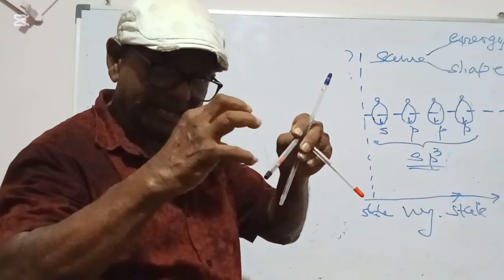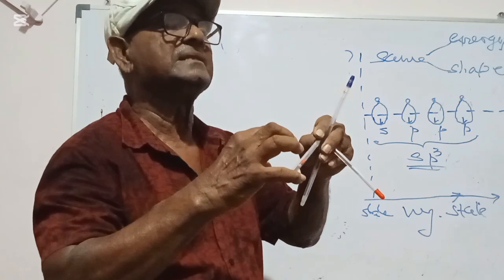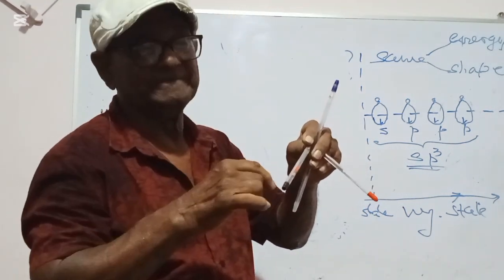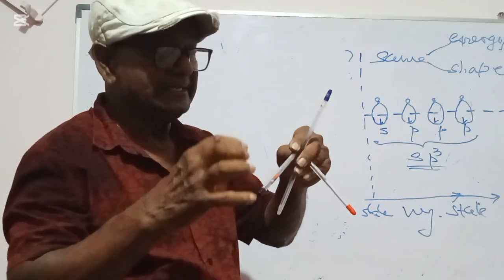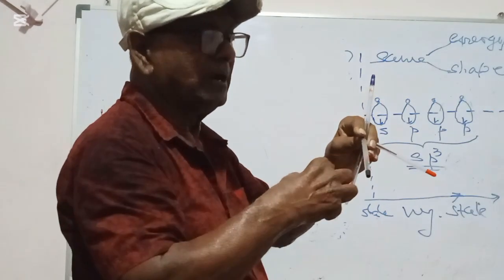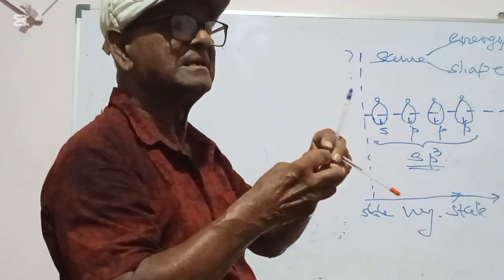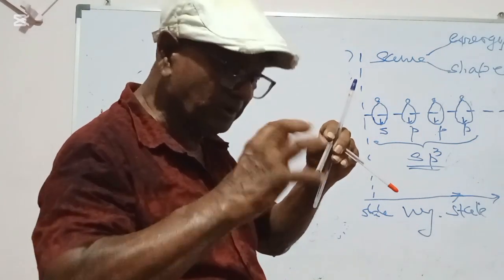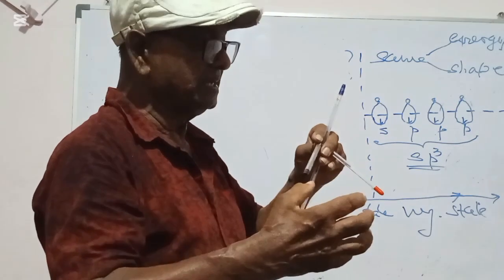Each H atom has 1 electron in the spherical orbital. Now a molecule is formed. The molecule also has a tetrahedral shape.